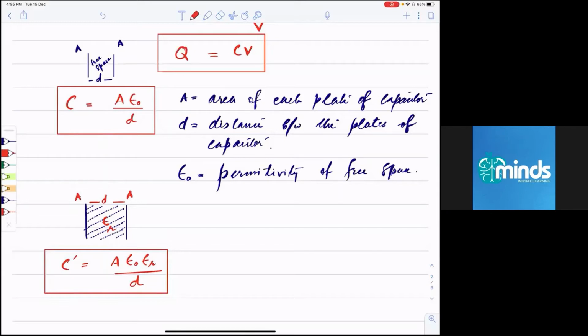Remember the value of epsilon R? Is there a certain condition for this value: can it be less than this, or is it always greater than this? It's always greater than the permittivity of free space.